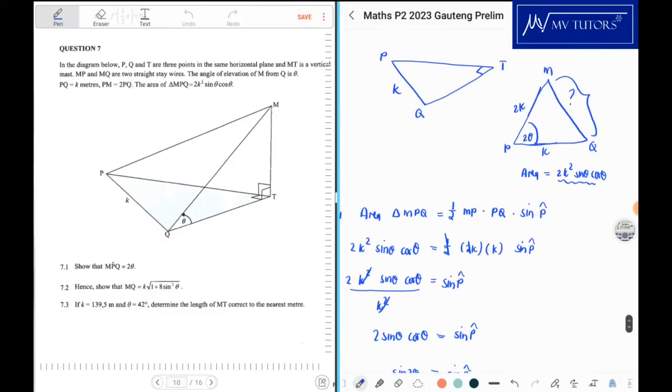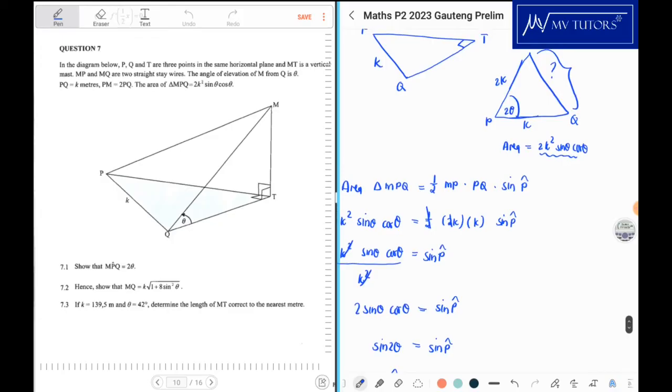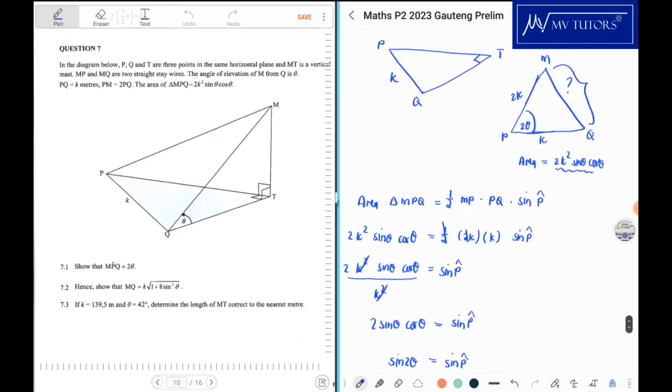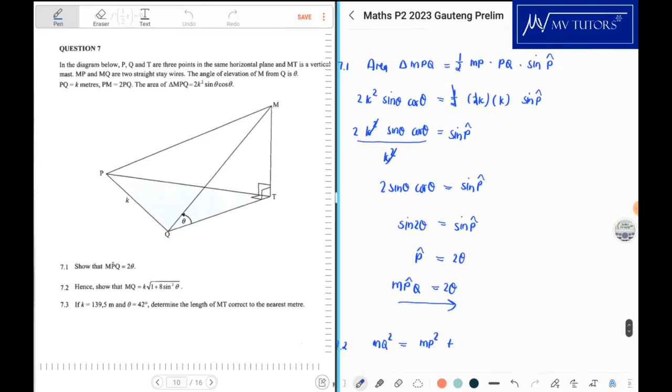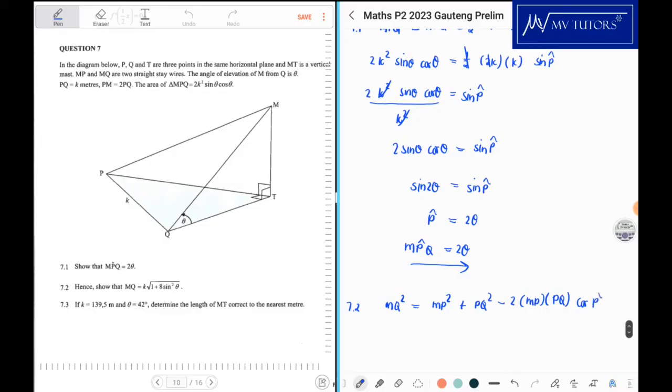So basically the cosine rule, I will say MQ squared will be equal to MP squared plus PQ squared minus 2 times MP multiplied by PQ, and then cos P, which we just worked out.